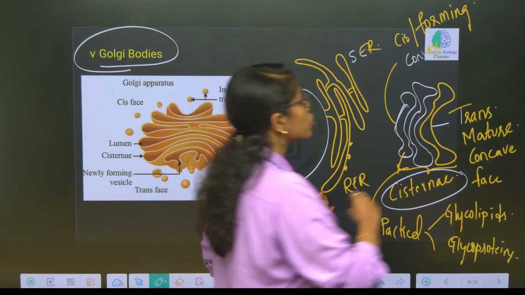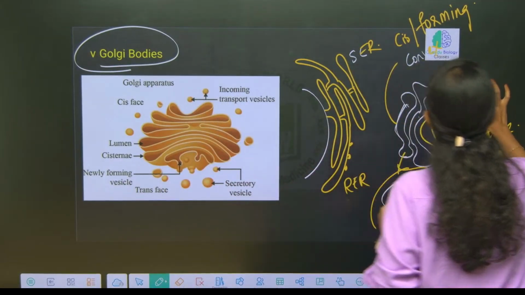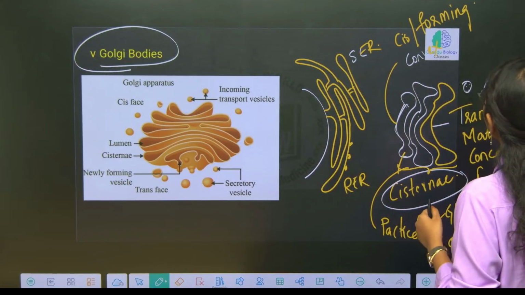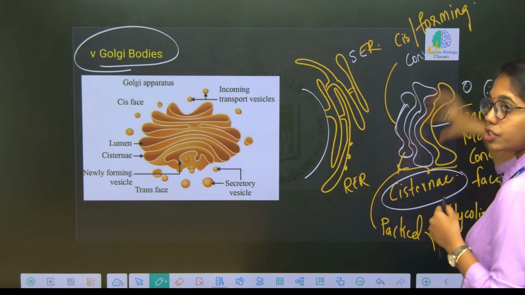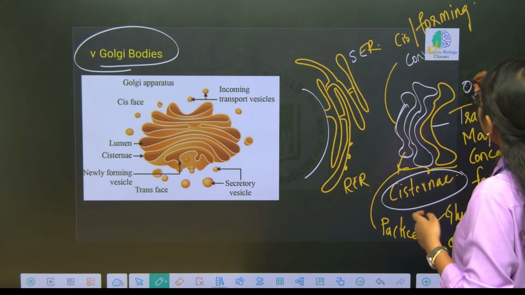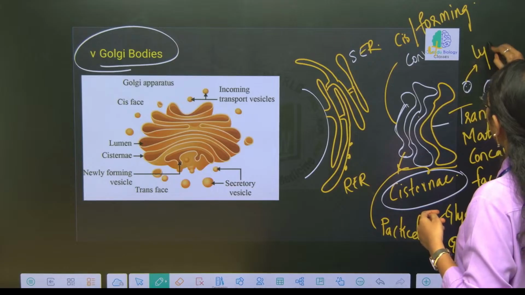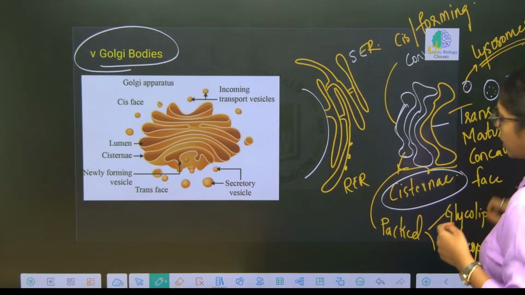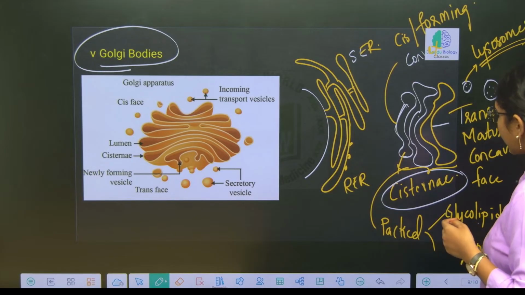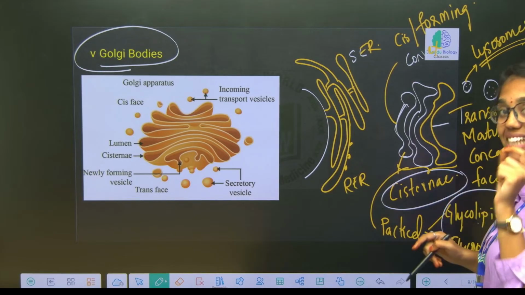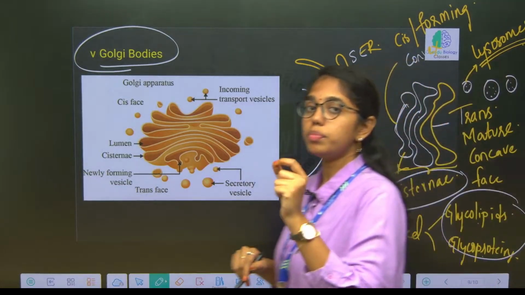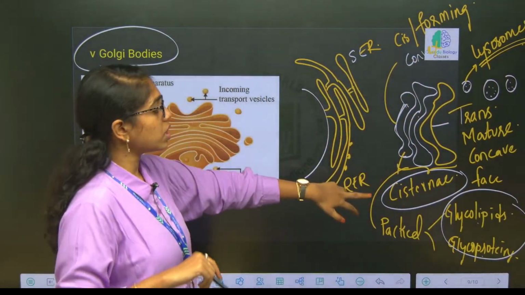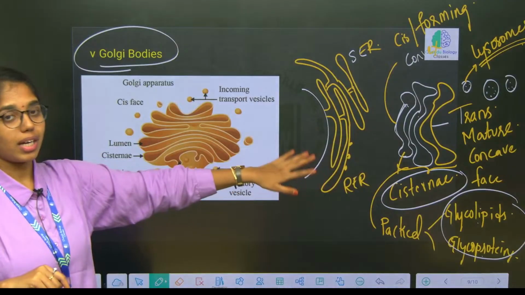Along with this, small vesicular structures which are rich in hydrolytic enzymes will be synthesized into the cytoplasm, and these vesicular structures are called lysosomes. Lysosomes we will learn in detail in the next class. What is the site of synthesis of glycolipids and glycoproteins? Golgi bodies, remember that.